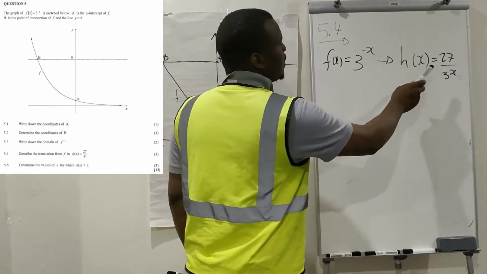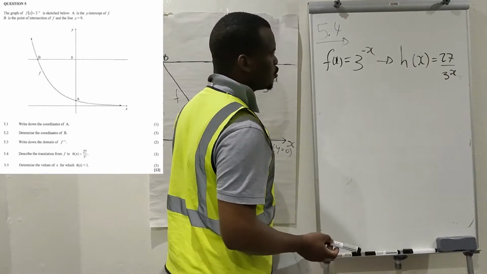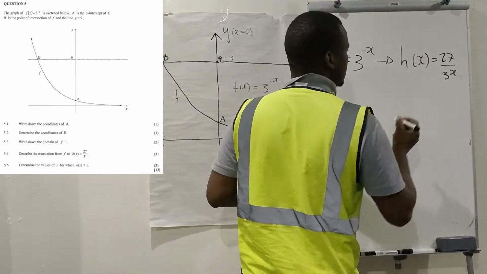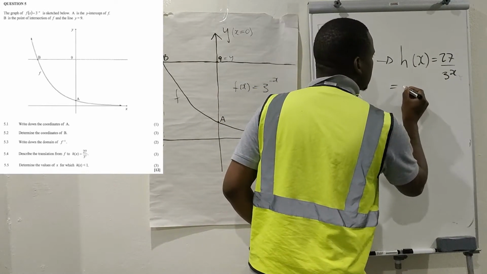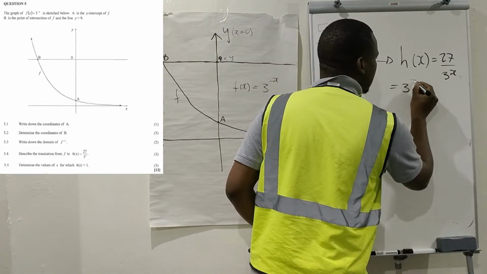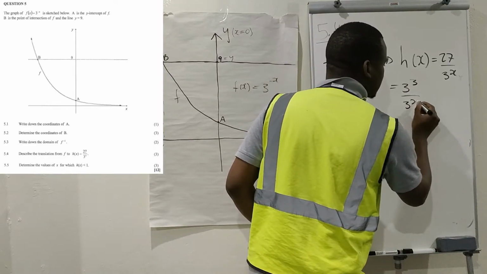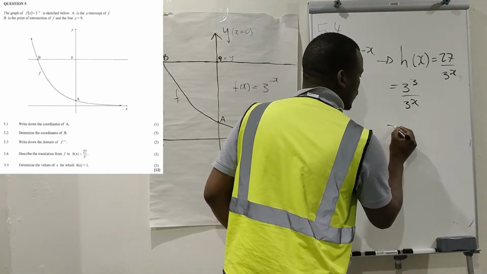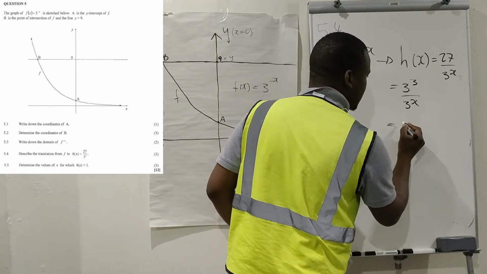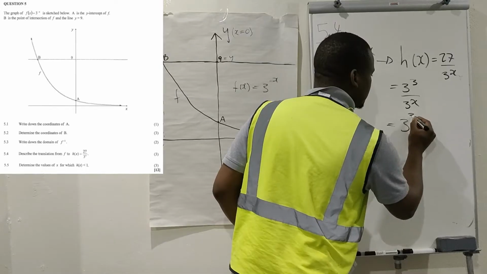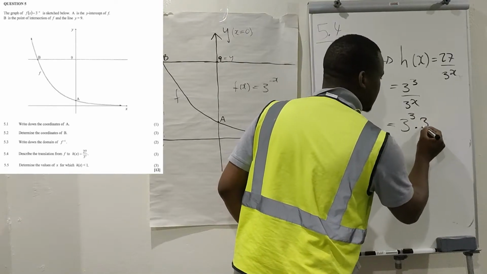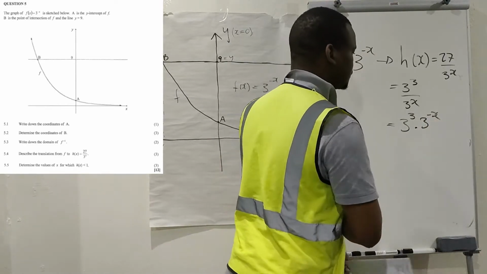So let's look at this part. If you look at h of x, it is equal to 27 over 3 raised to x, which you can write as 3 cubed times 3 raised to minus x.